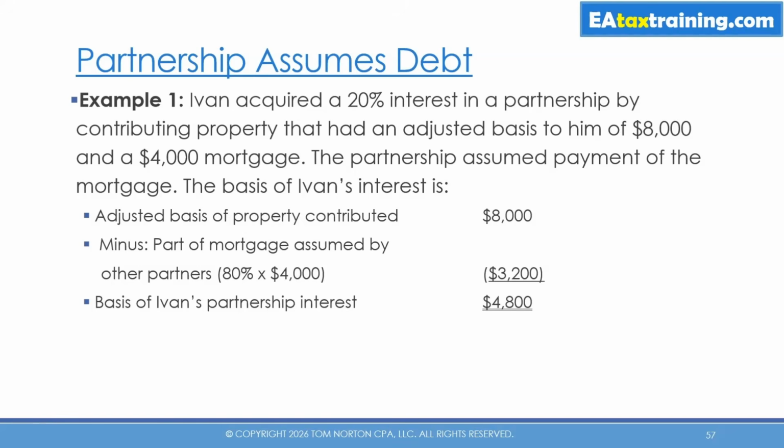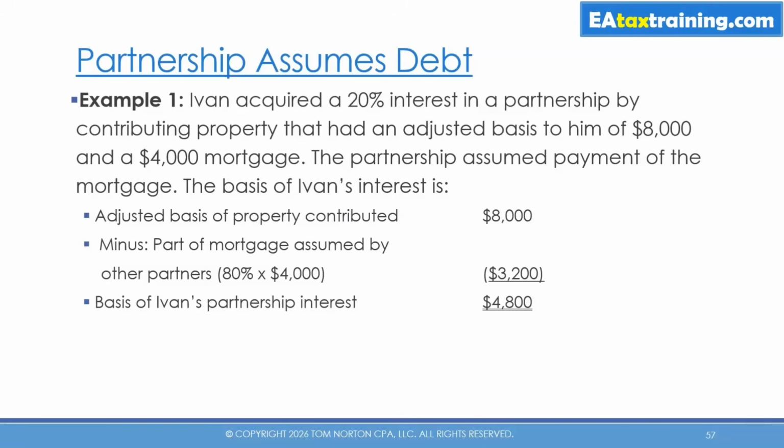So it's the $8,000 of adjusted basis of the property minus the part of the mortgage that was assumed by the other partners, which is not the entire mortgage because Ivan is a 20% partner in the partnership. So he still is responsible for 20% of the mortgage, but he's no longer responsible for the other 80%. So 80% of the $4,000 mortgage is $3,200.